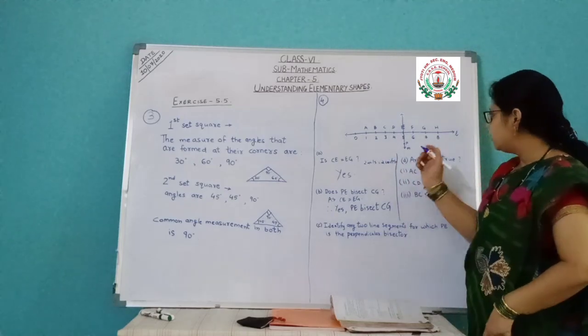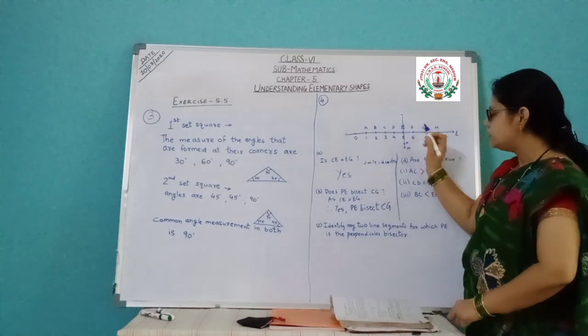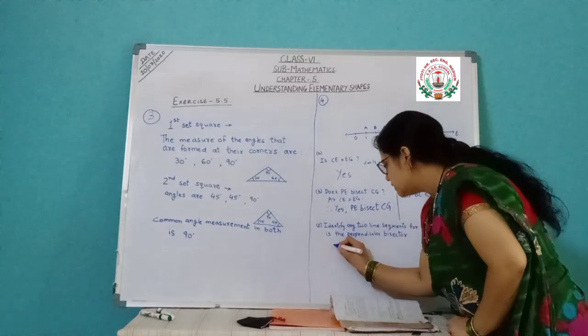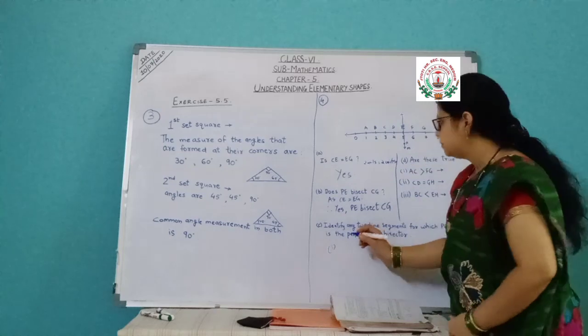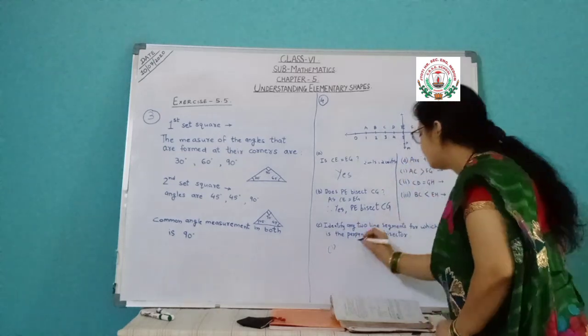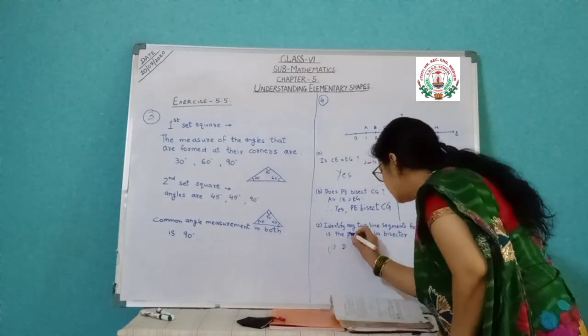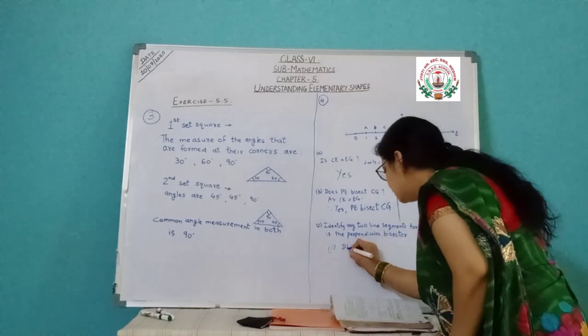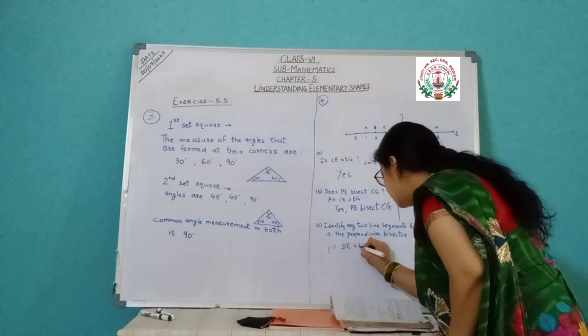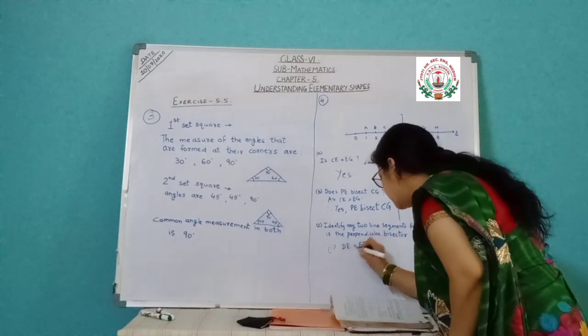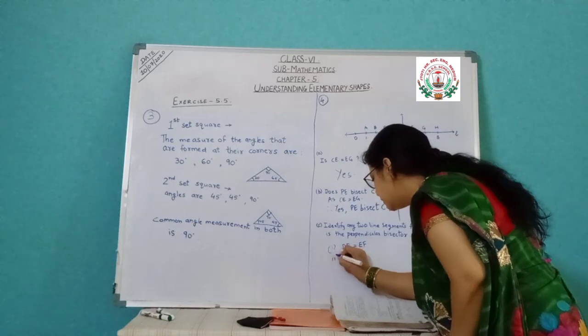So for the 1 unit, what is that? DE is equal to EF. First part it can be DE and EF. DE is equal to EF. This is the first part, taking 1 unit.